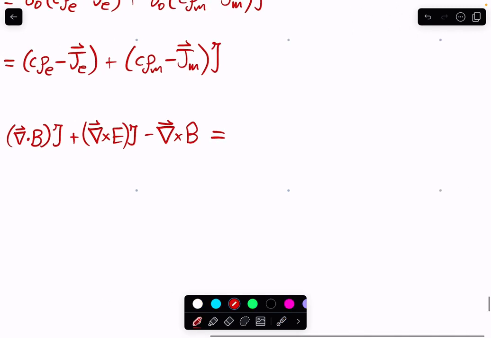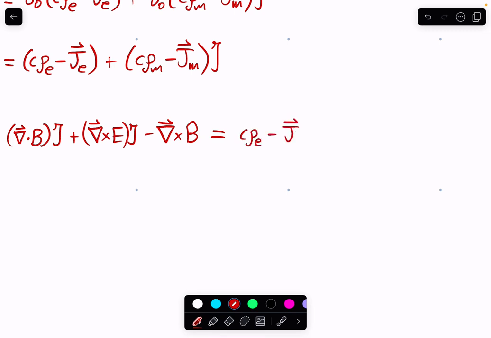Then equal to C rho E minus vector JE plus C rho M I minus J M vector I.